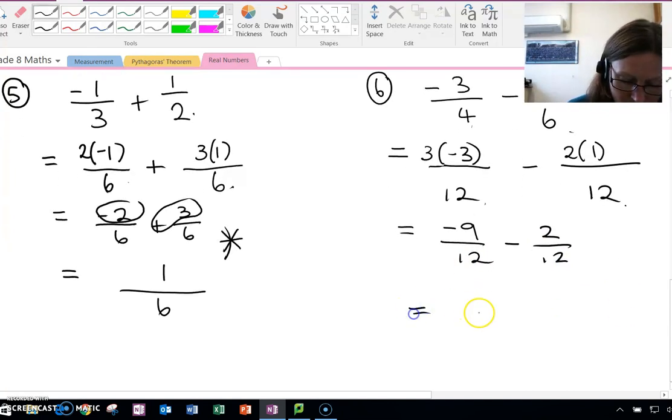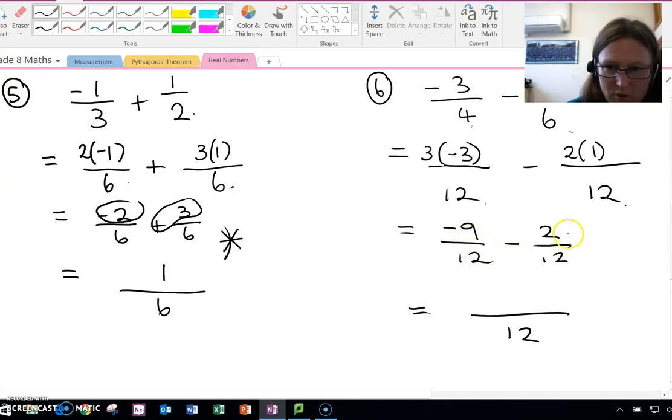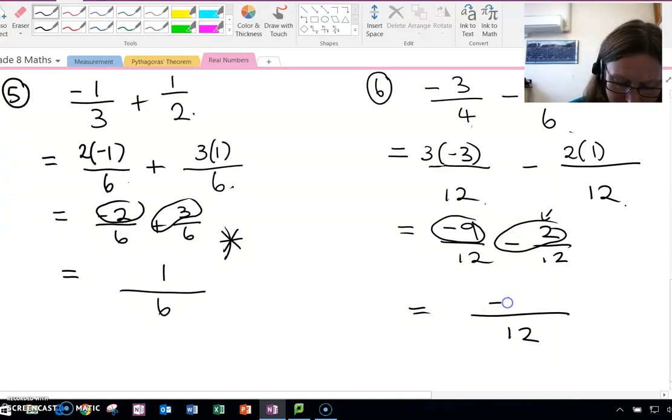So it's going to all be over 12, and then I have negative 9 subtract 2. Thinking back to our number line, I'm going to start at negative 9, I'm going to subtract 2. So I move 2, and because I subtracted, it's 2 to the left. So negative 9, move 2 more to the left, gives me negative 11 over 12.